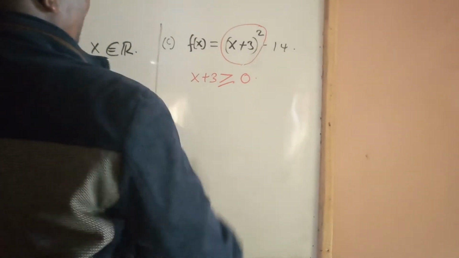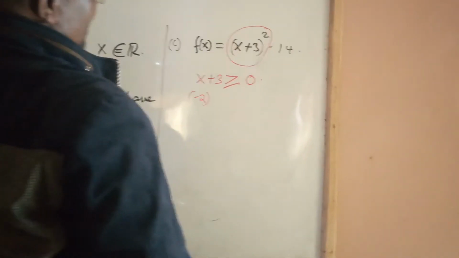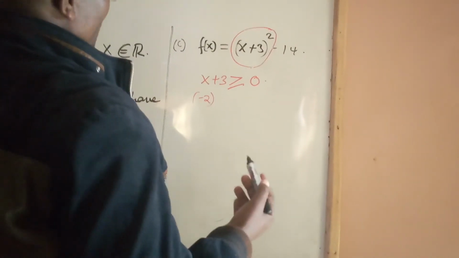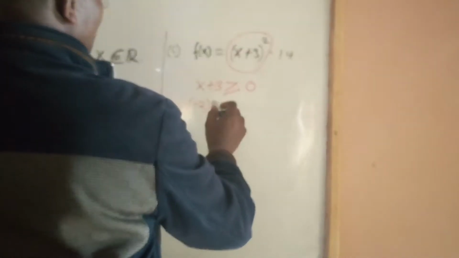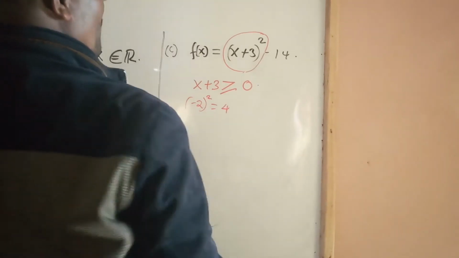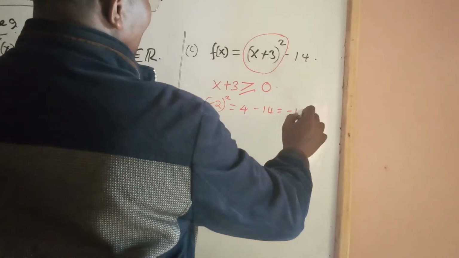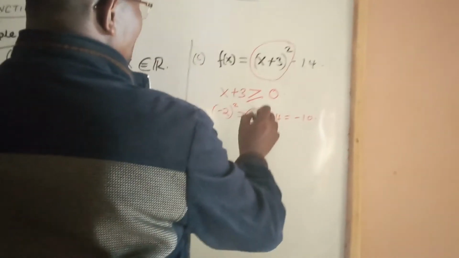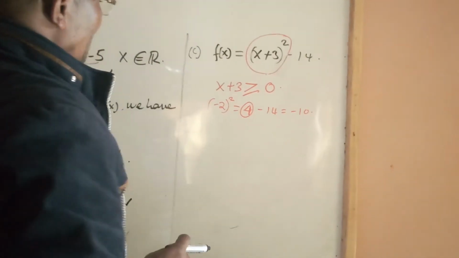Assuming the whole of this bracket is supposed to give us a negative, like negative 2 for that matter, when x is anything else like 1, this bracket gives us negative 2, squared is 4. And 4 minus 14 is already minus 10. So I want us to remember that 4 is far greater than 0.